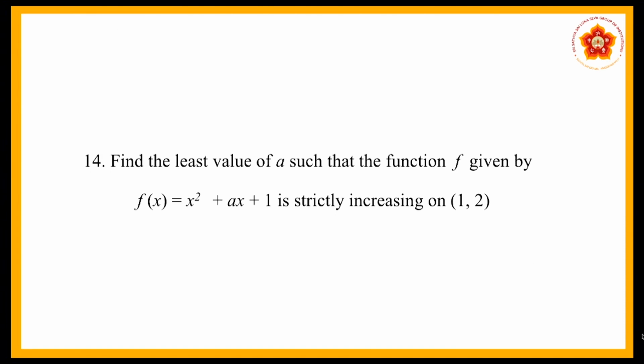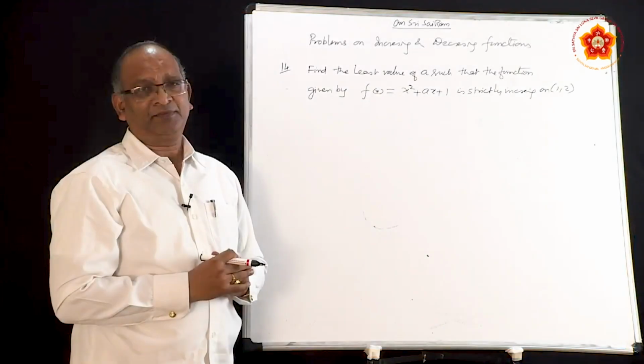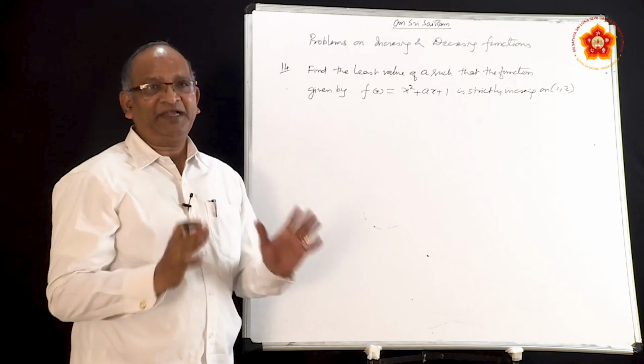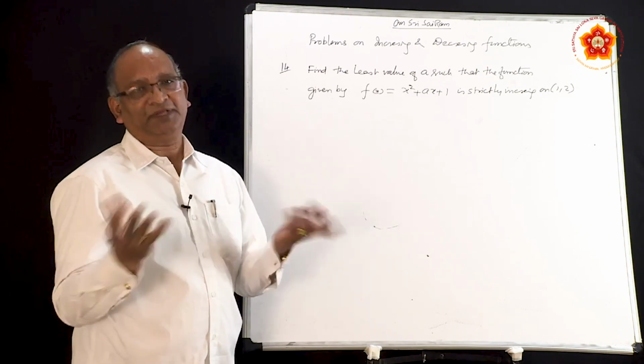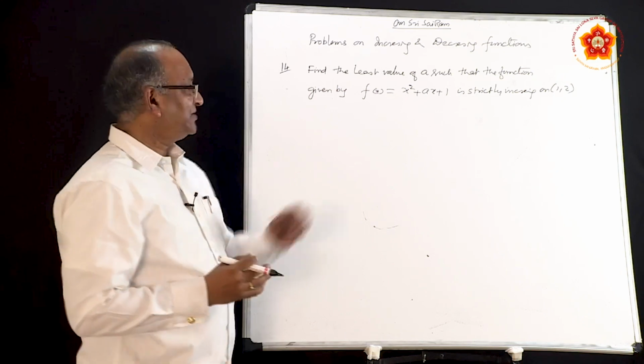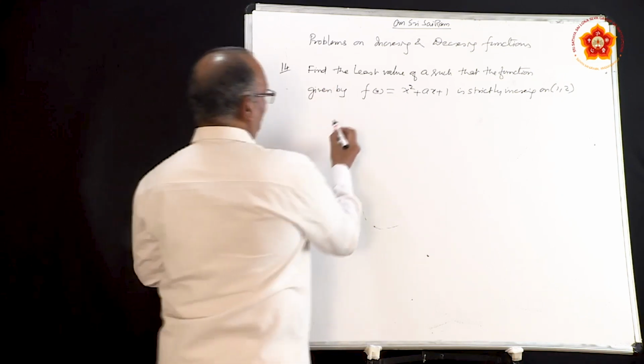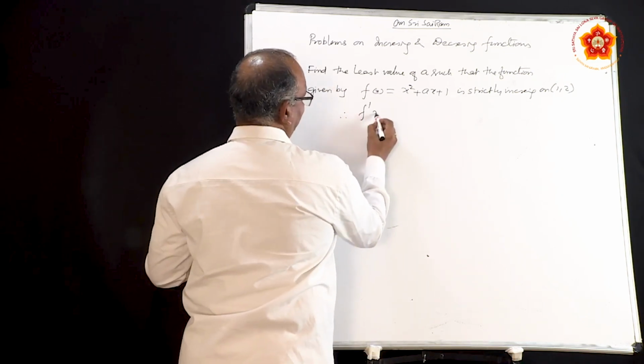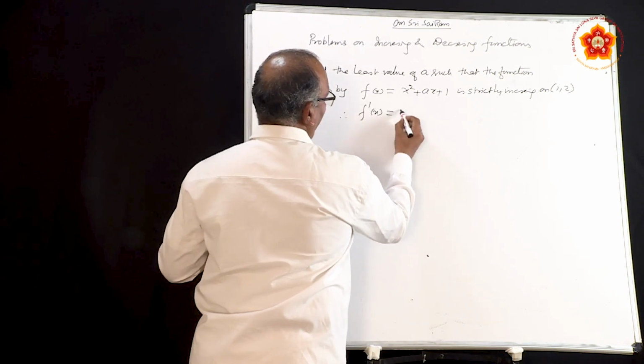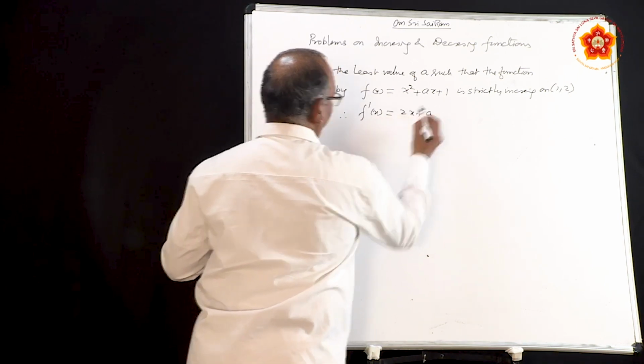He has already given it is strictly increasing. What does it mean? The derivative is going to be positive. Function is given. So find out what is f dash x. f dash x is equal to 2x plus a.